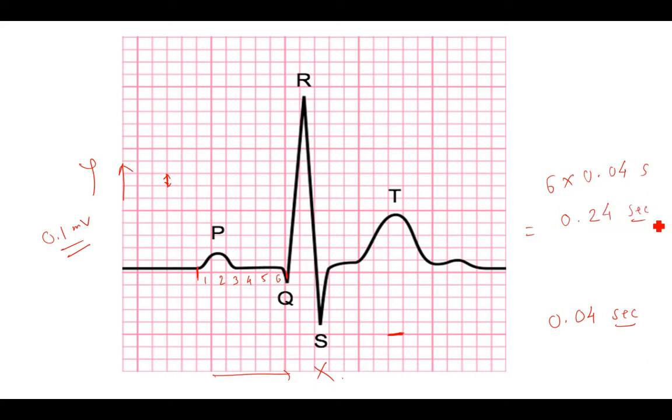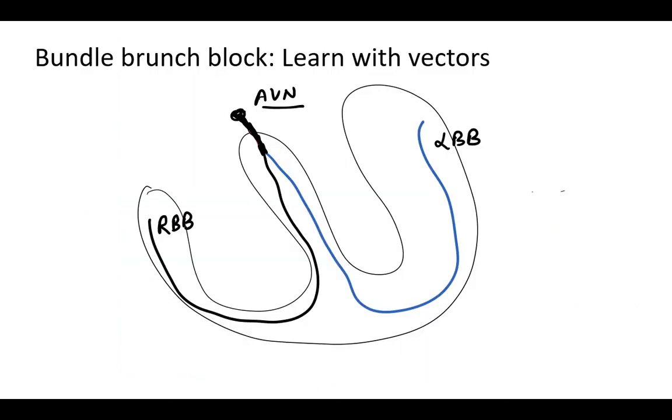Okay, now let us build our knowledge of bundle branch block with the help of vectors. It will just solidify your knowledge of cardiac vectors. So we have the SA node, then the AV node, then the bundle of His, then the left bundle branch and the right bundle branch.